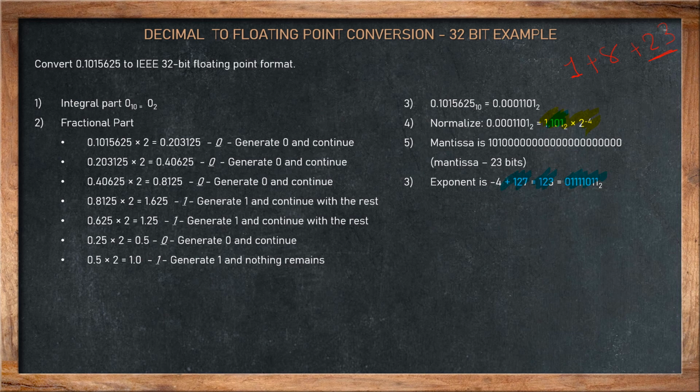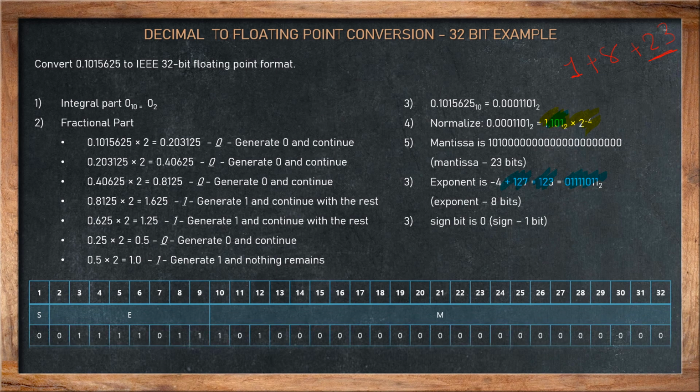So the mantissa is there, the exponent is there, and finally the sign bit. Because the original number is positive, we have 0 as the sign bit. Now let's set all the parts into blocks. Here we have a table with a total of 32 places: the first place is for the sign, the next 8 for the exponent, and the next 23 for the mantissa.